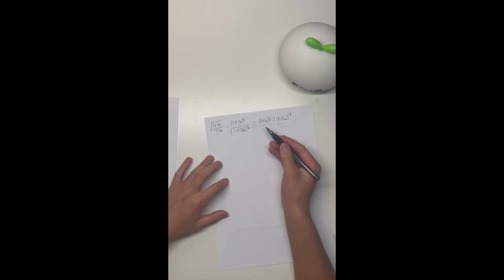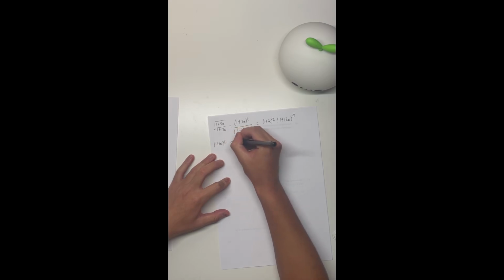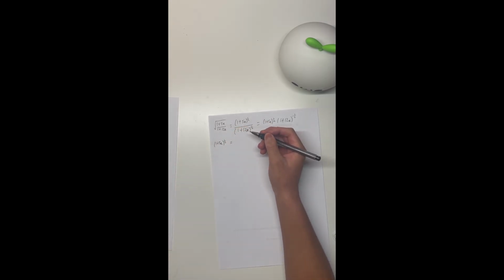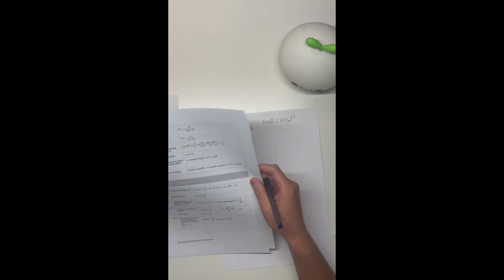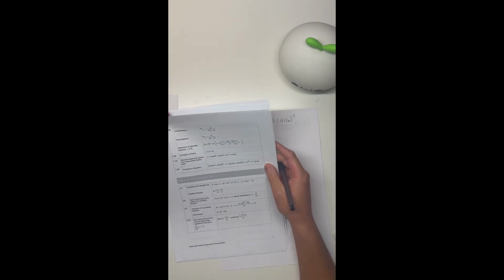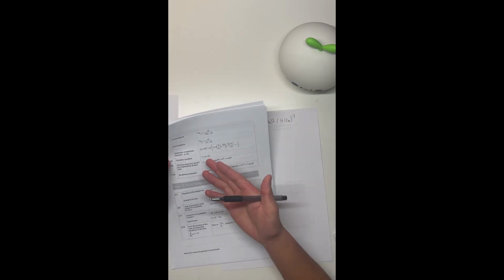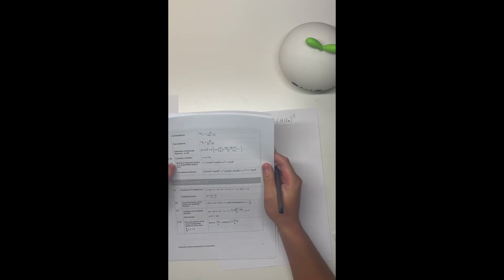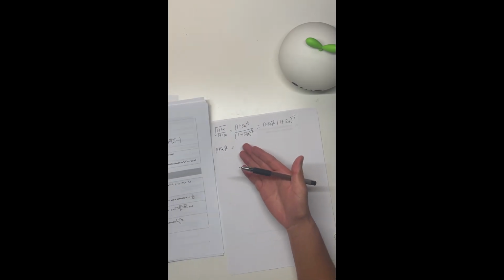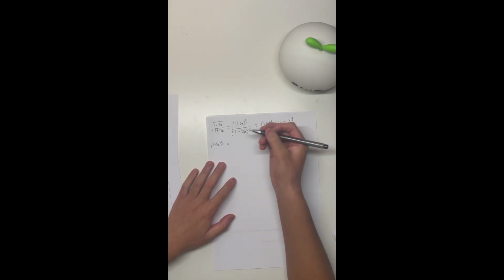So we'll start with the first bracket. (1 plus 5x) to the power of 1/2 equals, and here I'm using the Maths HL formula booklet. I think all of you have it. You will find the extension of the binomial theorem there, and you just have to apply it in this case. Nothing hard, just apply the equation.